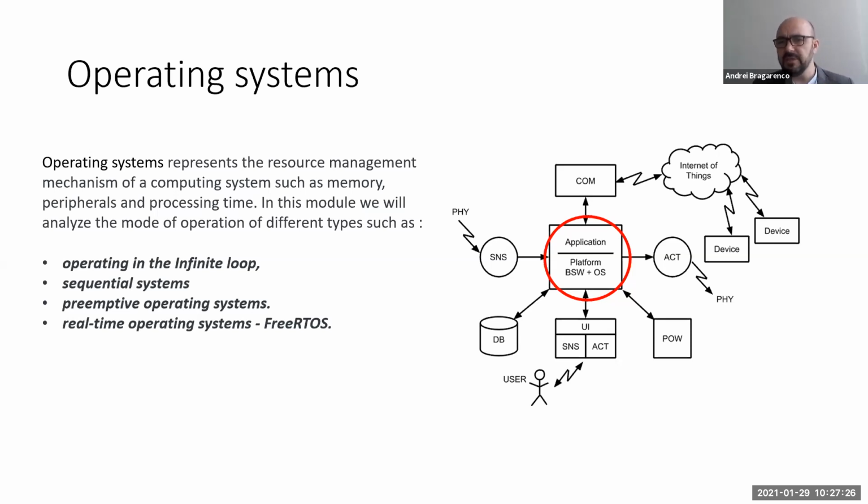Because in this infinite loop we are managing everything. Yes, it's simple, but everything we have to program in detail. But we can also have a sequential system, a non-preemptive system, and a preemptive operating system that allows many tasks to run in parallel on the same device without even synchronizing.